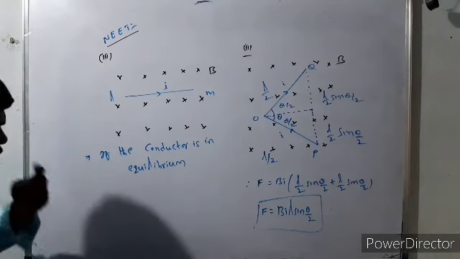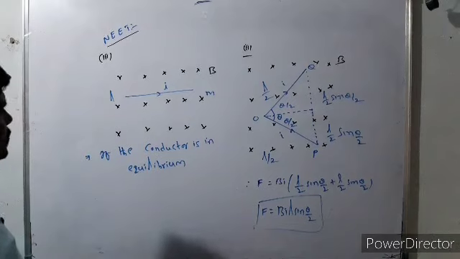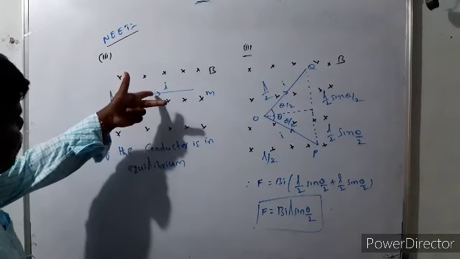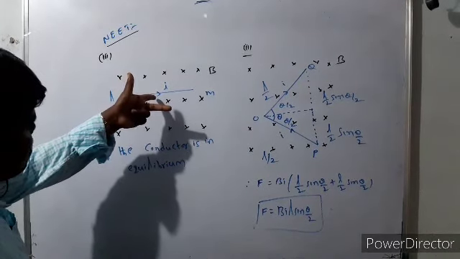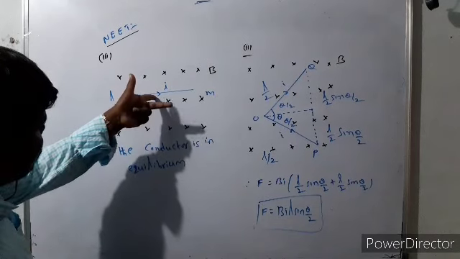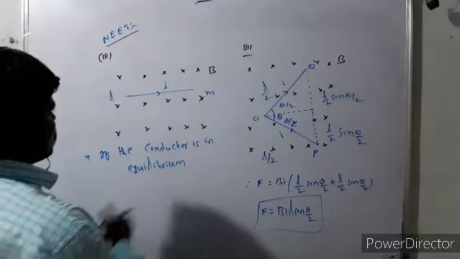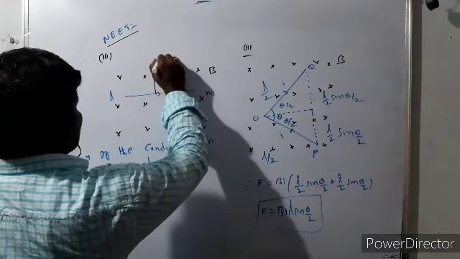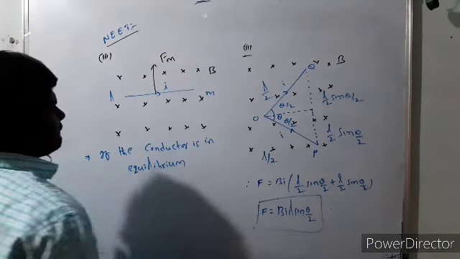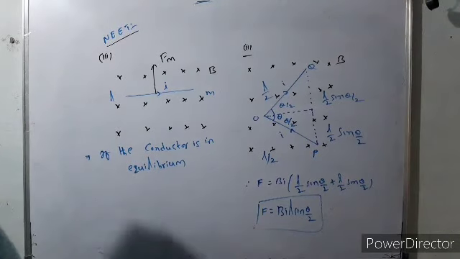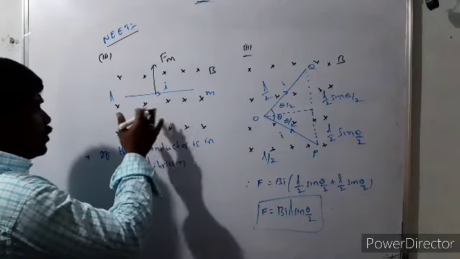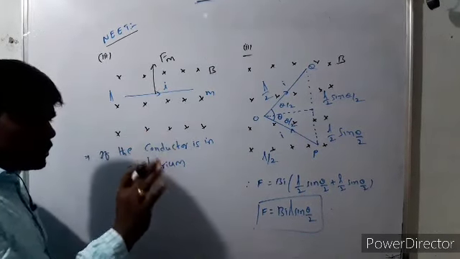Now, what are the forces acting on this body? First, the magnetic force. From Fleming's left hand rule, the magnetic field is perpendicular to the plane of the board, and this is the direction of current. The magnetic force on the conductor is upwards. If there is only magnetic force, then the conductor is not in equilibrium.